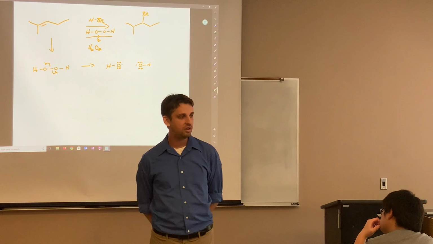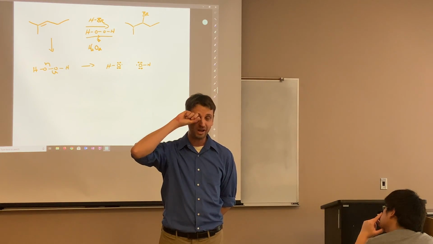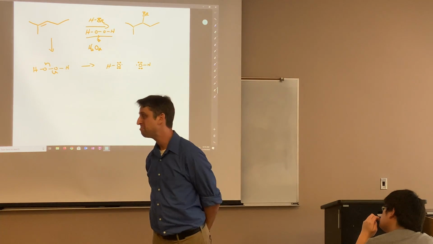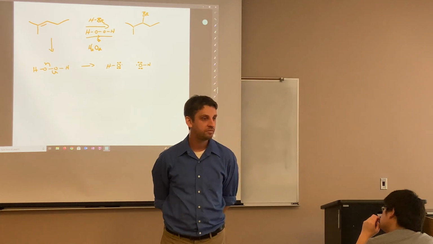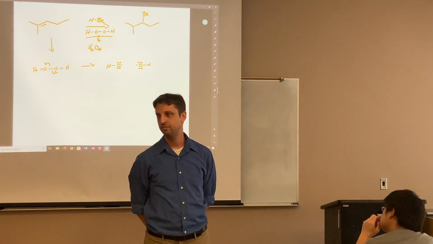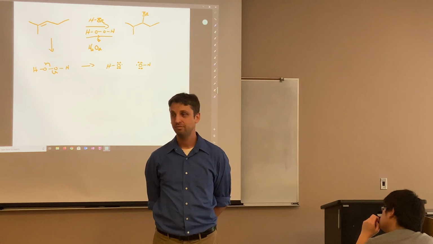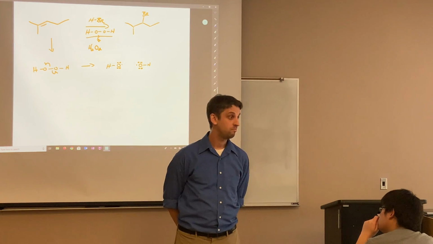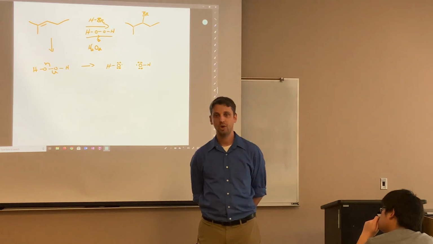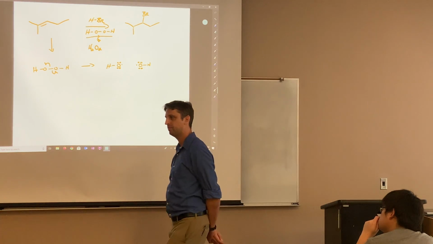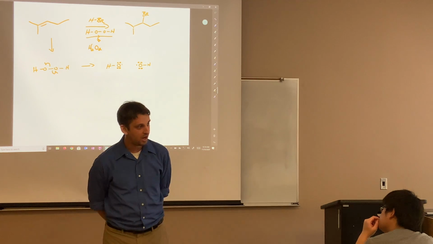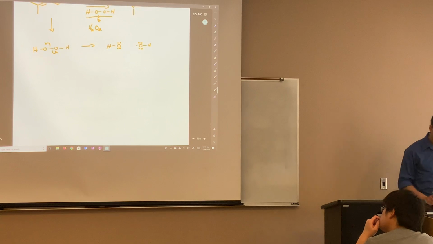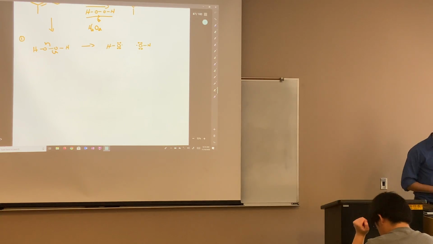So that O radical is going to go find the most reactive H that it can. Okay, where's the most reactive H? Is it the acid? It's the H that's bound to the HBr, right? So here's our initiation, right?